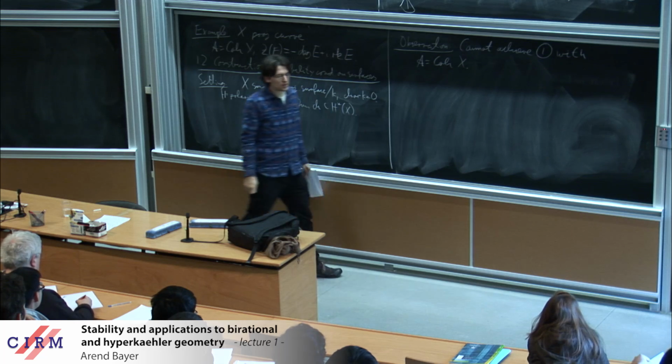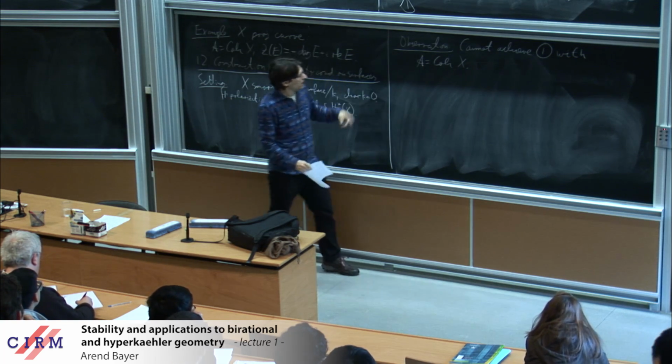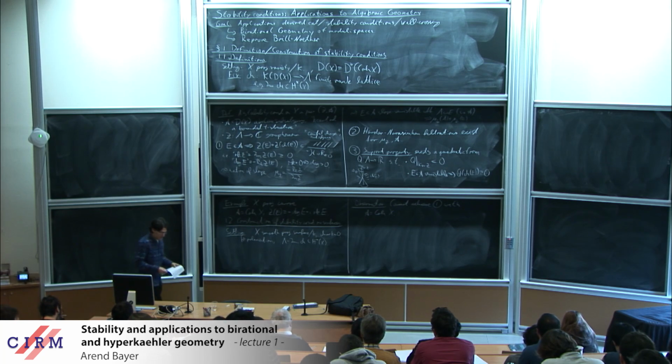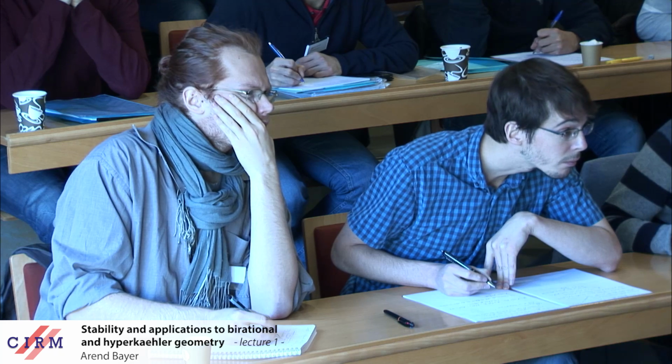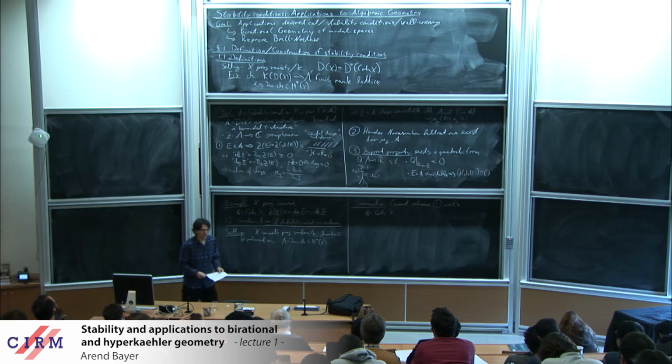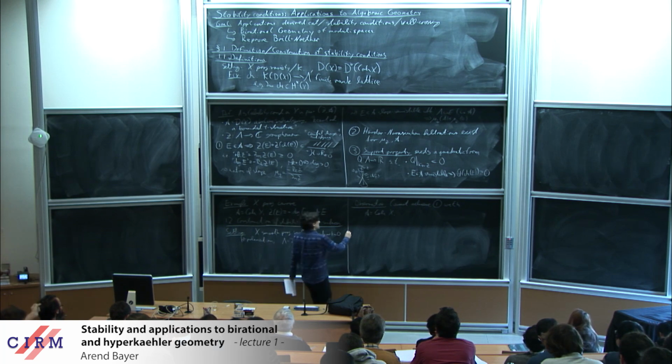So there are no two linear functionals on the K group that have these two positivity properties. And I won't prove it here, but it's easy to prove. Just write down the central charge of line bundles and of line bundles on curves.